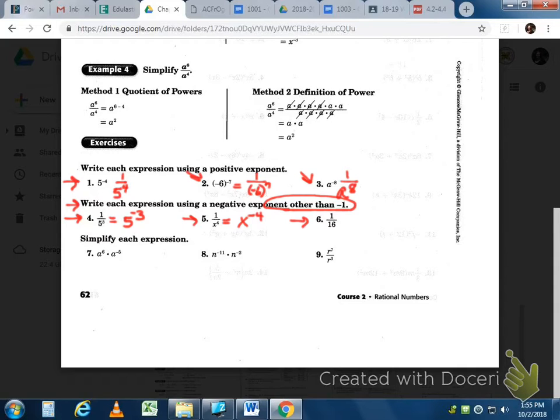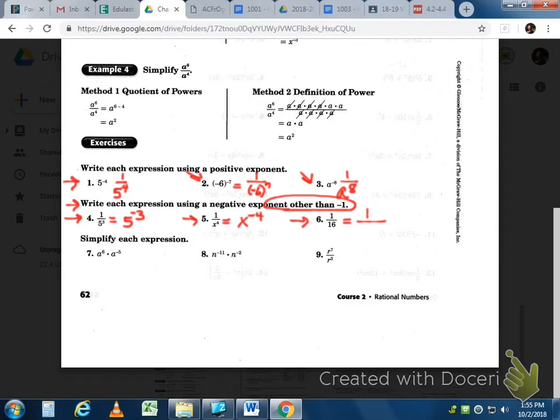What is really there? A 1. Well, we can't write a negative 1. So here's what you've got to do. You've got to take 16 and write it as another number to a power. Can you think of any number to a power other than 1 that would equal 16?